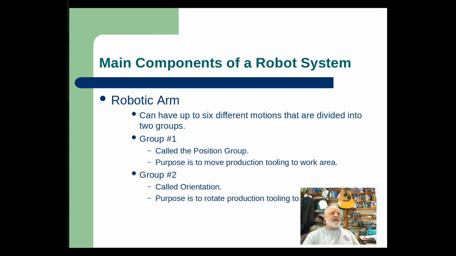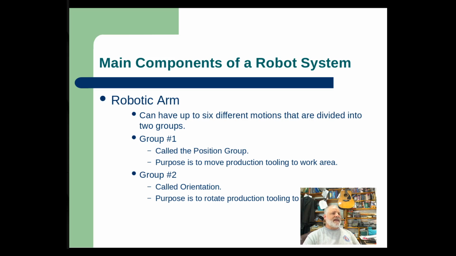Now the robotic arm, depending on exactly what kind of arm it is, a lot of modern robots have 6 different axes. These axes are the parts that move, and we break those up into 2 groups. The first 3 axes are group 1, the position group, which moves the end of arm tooling into the area where we need it.